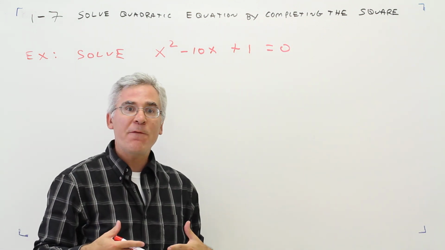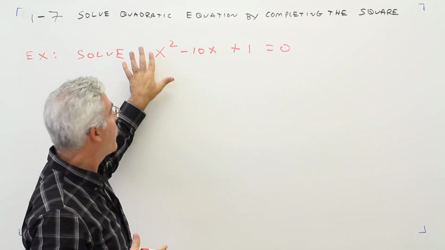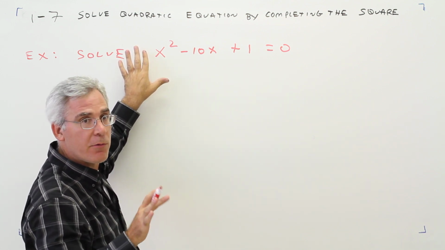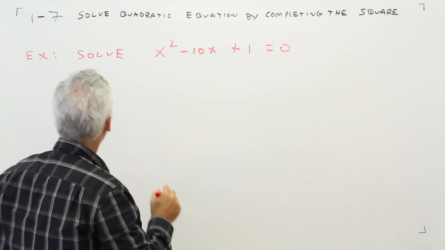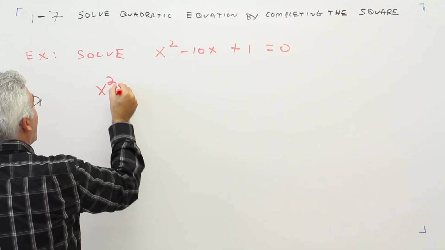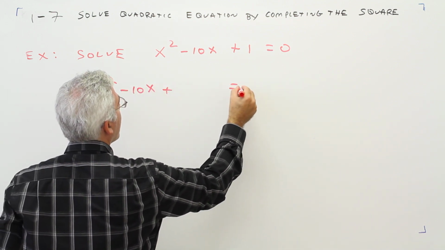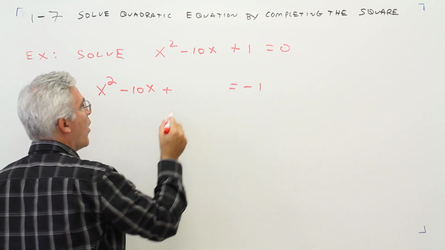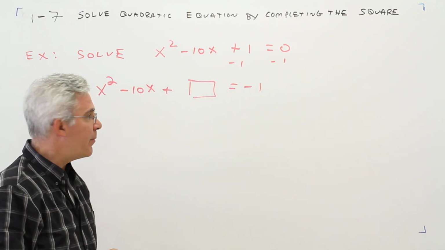The very first thing that I do is, this only works with a lead coefficient of 1, by the way, so we'll keep it basic. I take this term and bring it to the other side. So I'm going to make this be x squared minus 10x plus something equals negative 1. All I did was I subtracted 1 from each side.